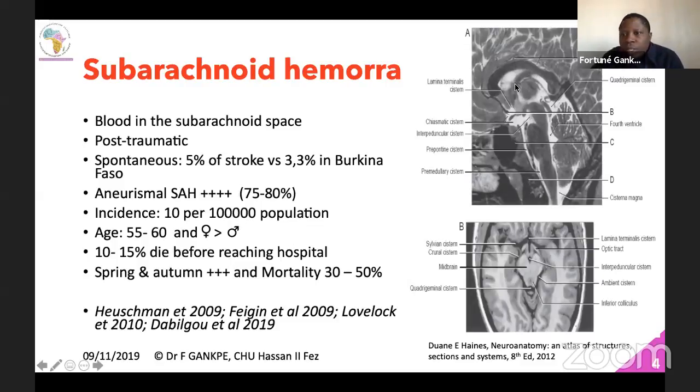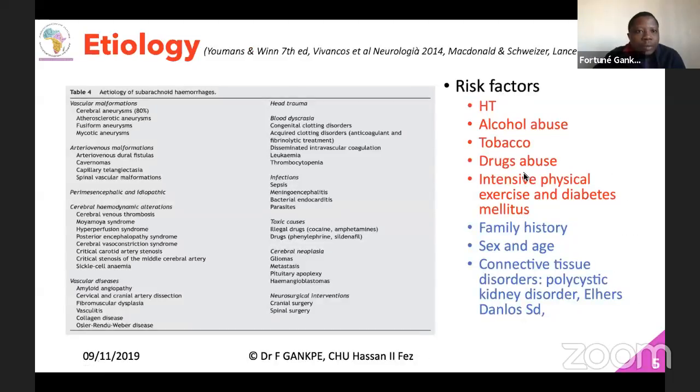On this picture, you can see the different subarachnoid spaces, the chiasmatic system, the interpeduncular system, and so on, so everybody knows that here. What are the main causes of subarachnoid hemorrhage? On this table, which I took from the article of McDonald and Vivancos, you can see the different groups of etiology.